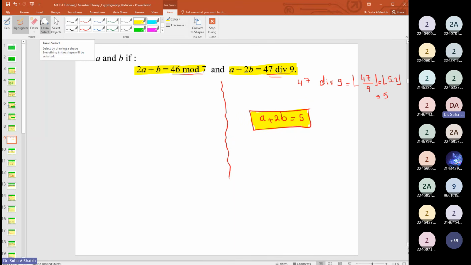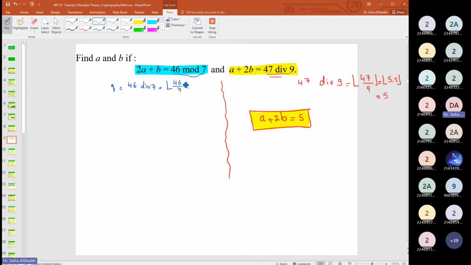We come to the other hand side here. I'm going to highlight it with blue in this case. I will need to find 46 mod 7. To get the mod I need to have the div first, right? So I will find the Q, which is 46 div 7. 46 div 7 is the floor of 46 over 7.